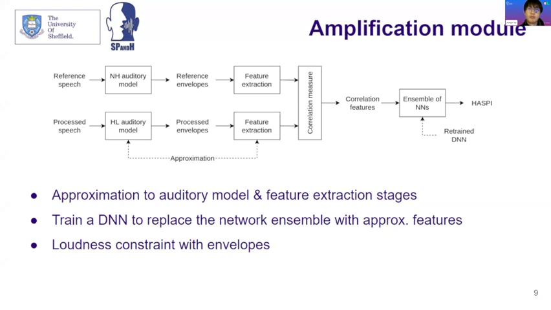Also, we did not use the voice activity detection mechanism in the feature extraction stage. And we also retrain a DNN at the end to replace the network ensemble in Husky. So the retrained DNN takes the approximated features as the input and maps them to the ground truth Husky scores.